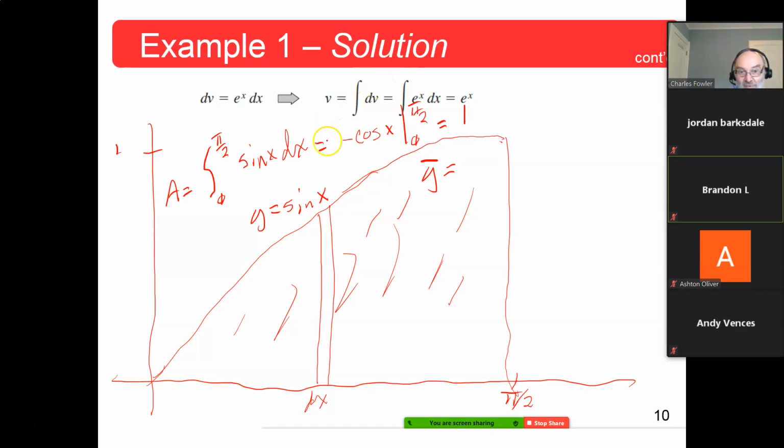That's going to be 1 over 1. So that's just going to be 1 over the area, but the area is 1, so that's going to be nothing. And then we're going to do the integral from 0 to pi halves again.